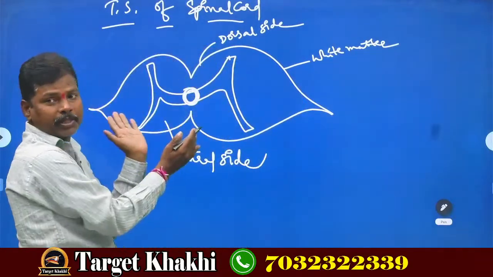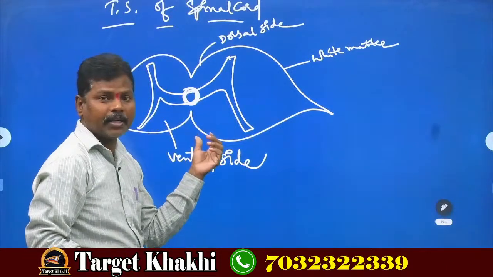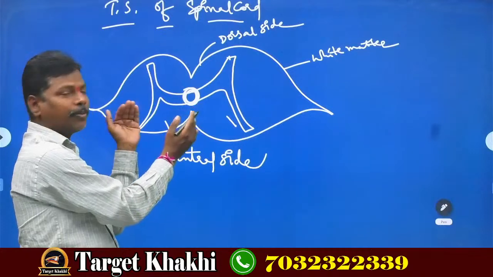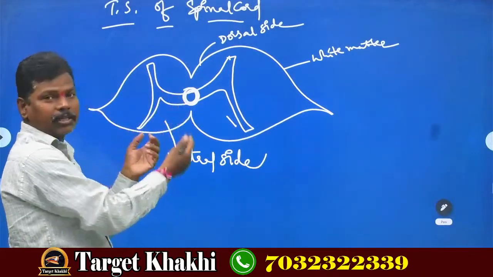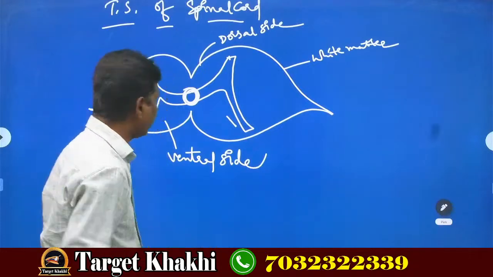What is this H shape? It is nothing but gray matter. Gray matter is present inside, I told you. So it is in the form of which shape? H shape, or it is also in the form of a butterfly shape.